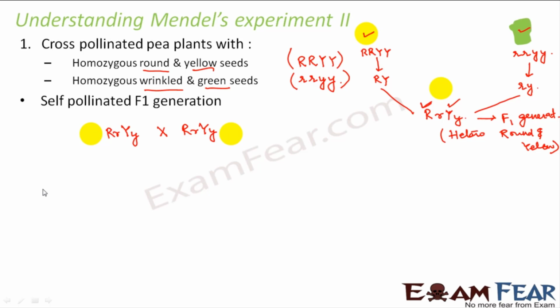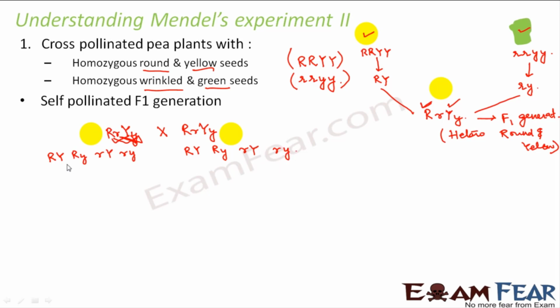So now if you look at this, what are the possible alleles that can be produced from here? The various possible alleles are capital R capital Y, capital R small y, small r capital Y, small r small y. These are the various combinations possible. These two, these two, these two and these two. Similarly in this case, capital R capital Y, capital R small y, small r capital Y, small r small y.